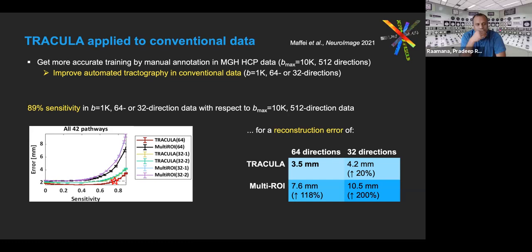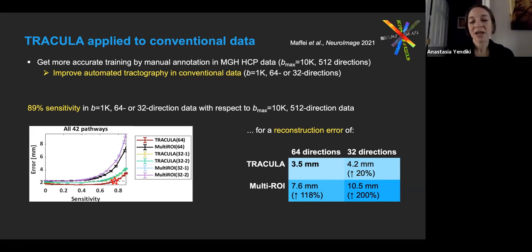So there's a true to false positive trade-off here. You can achieve very high sensitivity, very good coverage of the true tract, if you allow the tractography to go crazy, but then it'll have a high reconstruction error, because the reconstruction error is the maximum distance of the automatically reconstructed tract to the ground truth tract.